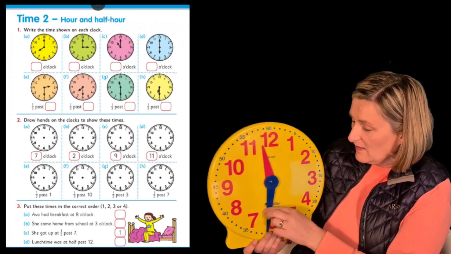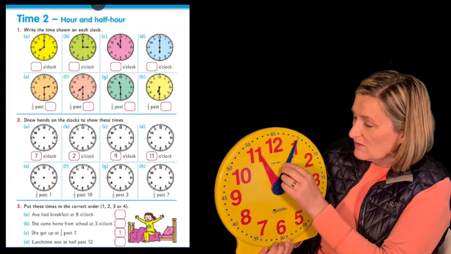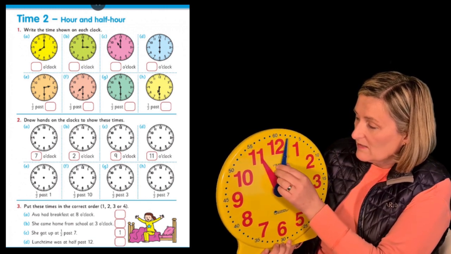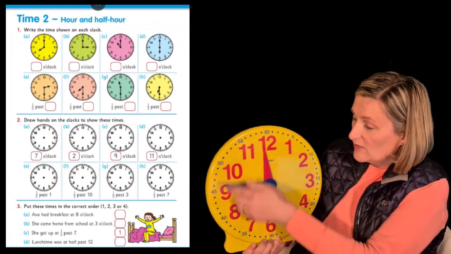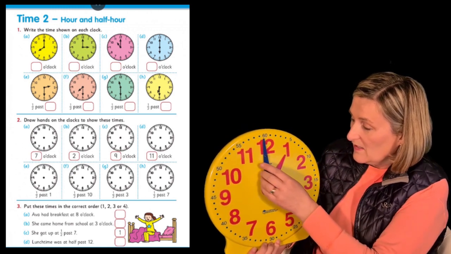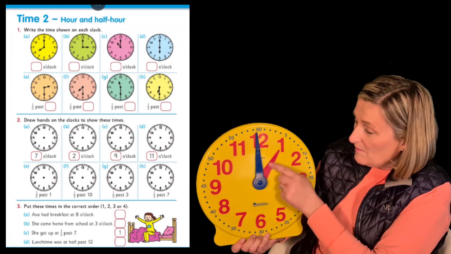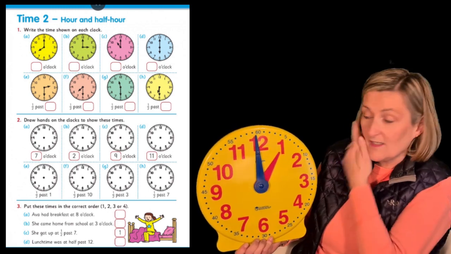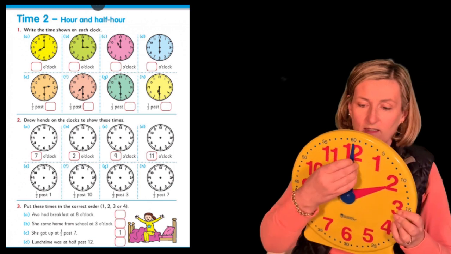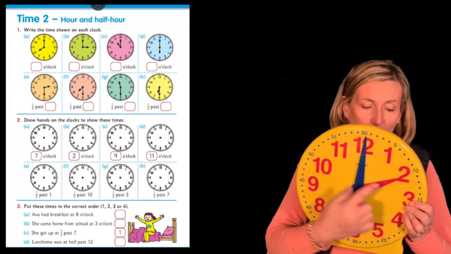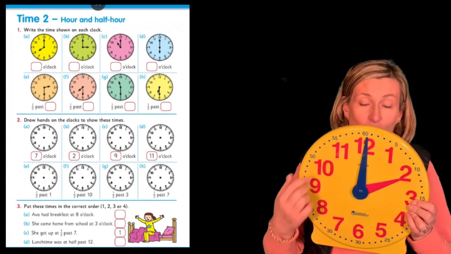If I move my hour hand to 11, my minute hand still stays on 12, it's 11 o'clock. If I go the other way, my minute hand is on 12, my hour hand is on 1, it's 1 o'clock. Similarly, as I move around the clock, my minute hand is on 12, my hour hand is on 2, it's 2 o'clock.